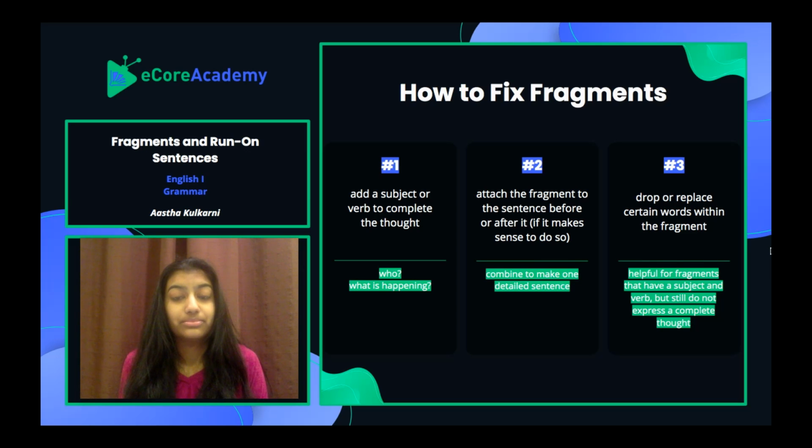Usually it depends, but if you are going to attach it to a sentence, you want to make sure that if it needs to, you add a comma after that sentence to introduce the fragment that you're adding into it. You just want to be mindful of things like that, making sure that the content still makes sense. Obviously, if you have a sentence about someone eating pizza and then your fragment is about chocolate, it wouldn't really make sense to attach the fragment to a sentence that is not related to it.